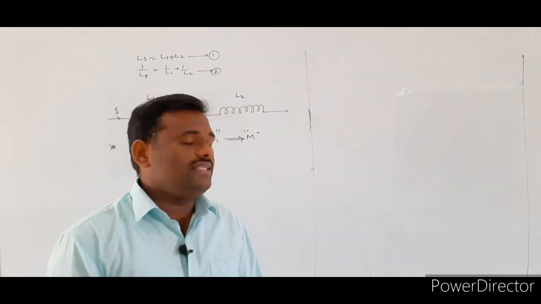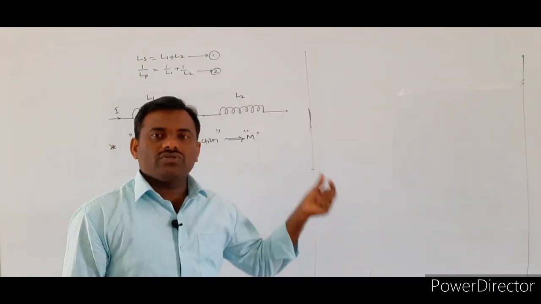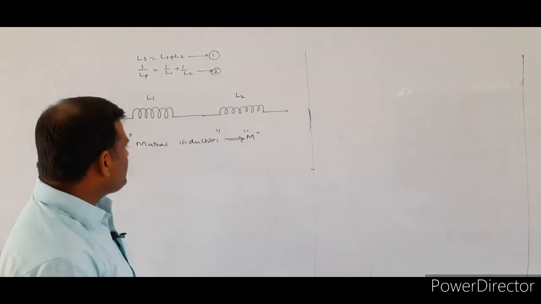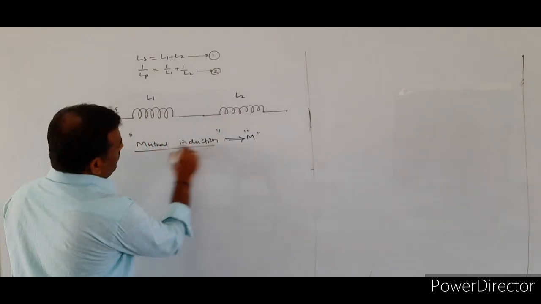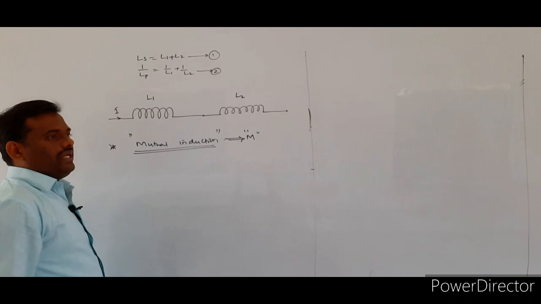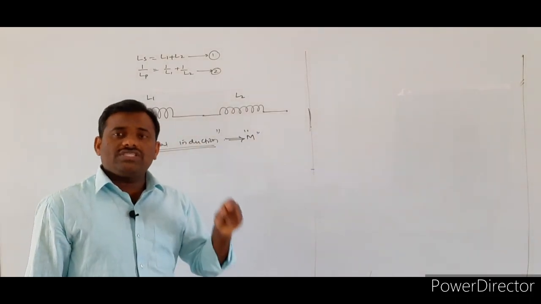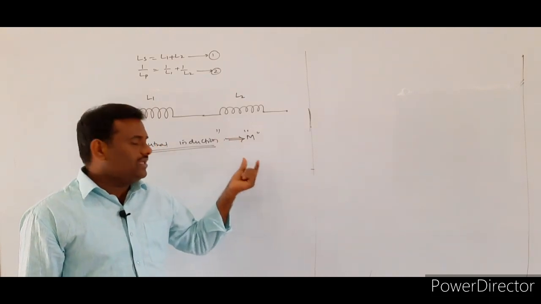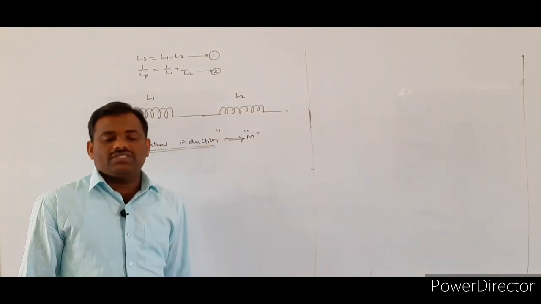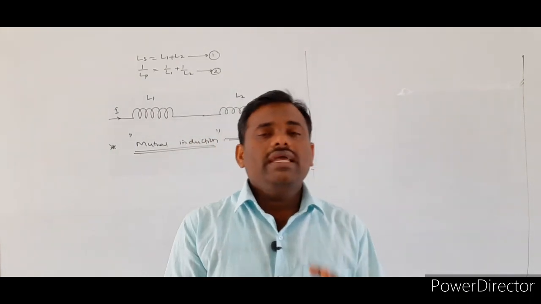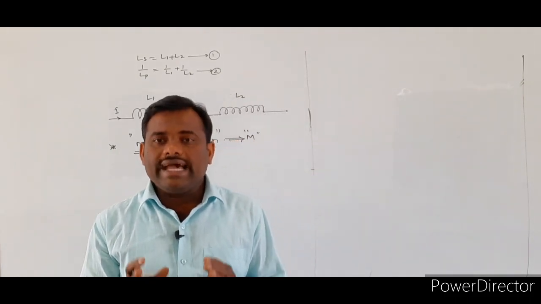Due to the flux change, induced EMF is produced in the first coil as well as in the secondary coil. That means which type of phenomenon do we observe here? Mutual induction, since they are placed near each other, and its coefficient of mutual induction is equal to what? Capital M.